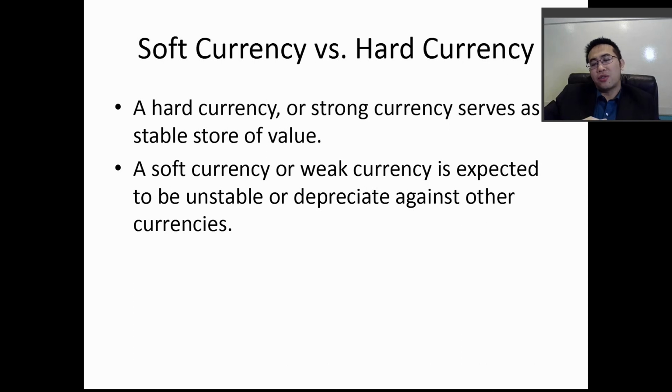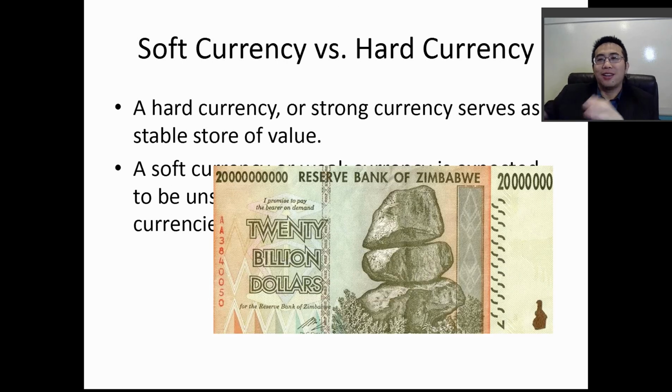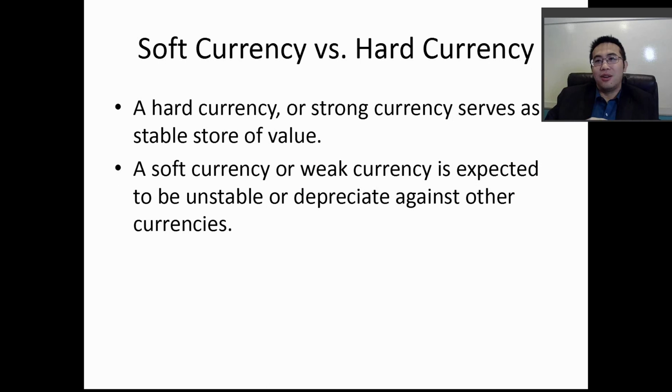So the dollar is definitely one of the strongest currencies in the world. So what are the other strong currencies? Some currencies like the British pound, the Japanese yen, the Swiss franc, the Australian dollar. What are the soft currencies? The soft currencies are usually currencies that melt so easily, or their value declines so easily. Like the Zimbabwe dollar, you can have a 10 trillion, I'm talking about 12 zeros, 10 trillion Zimbabwe dollar in one single paper bill, and that is worthless.